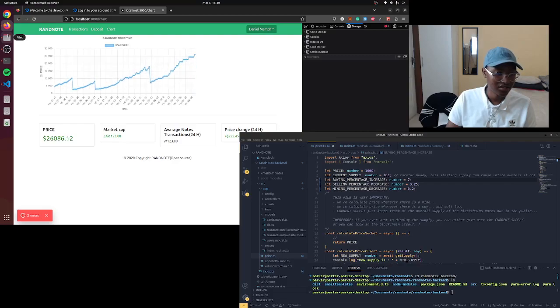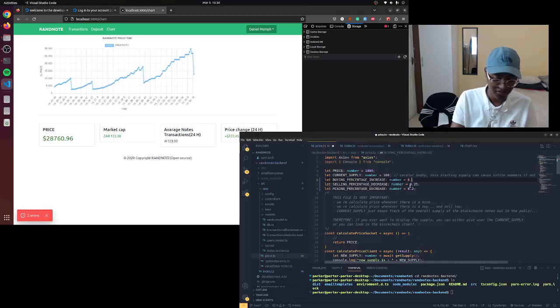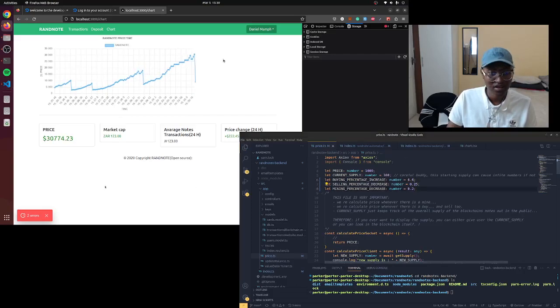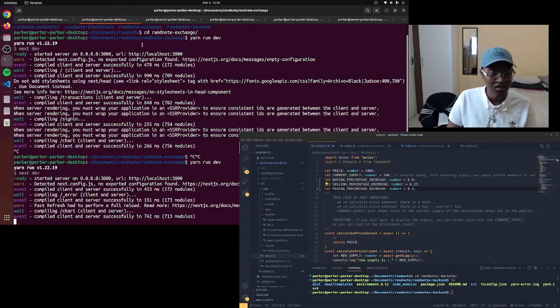It's not a ridiculous chart. It looks like a proper chart. Perhaps it's increasing a little too much. I'll just say 6.5, 6.6 maybe, yeah. And yeah, it works, guys.